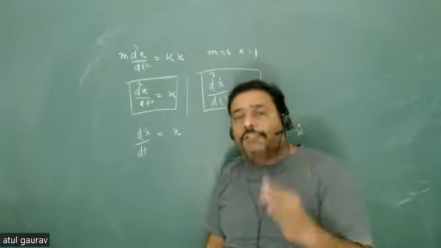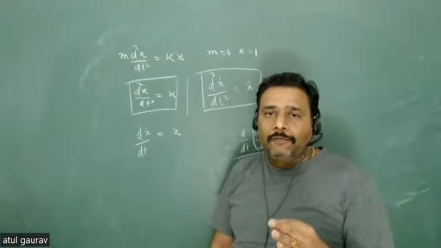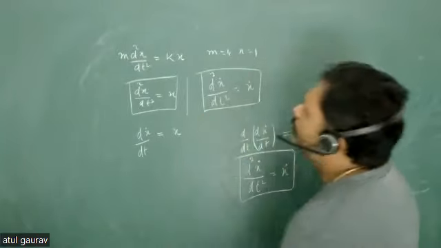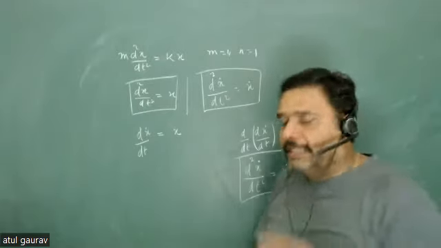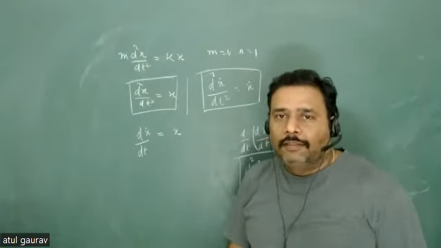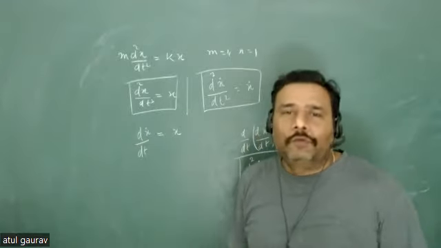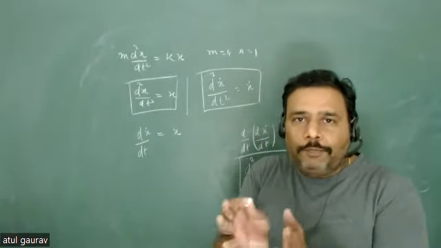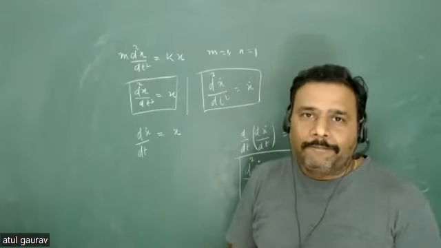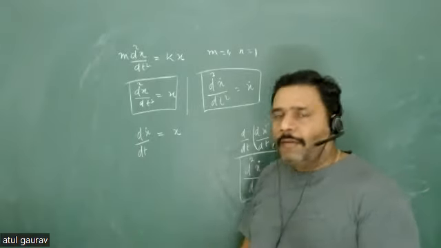And when your force is linear, you can use this information in a very nice way. In any other force, this beautiful symmetry is not visible. For example, you saw the free particle.